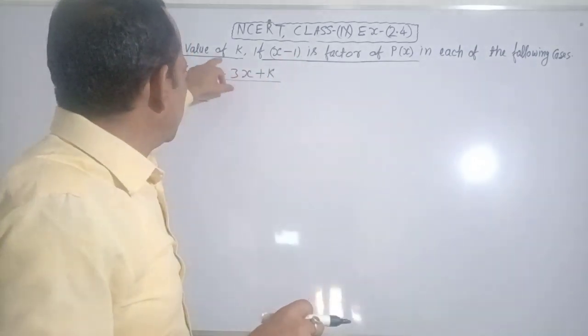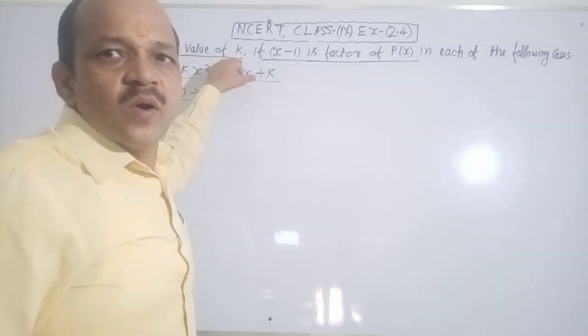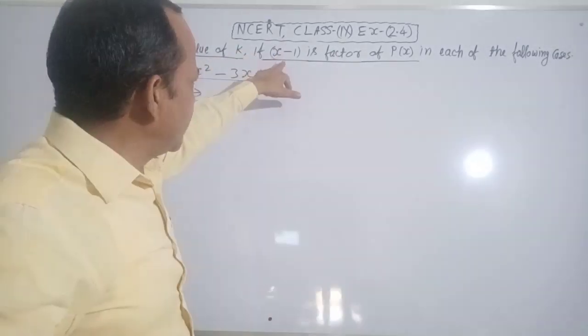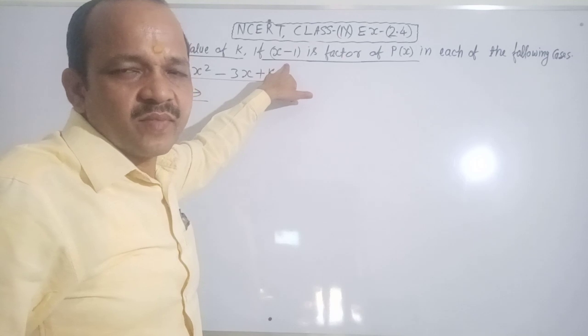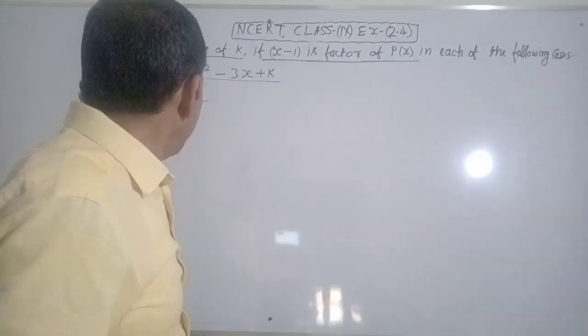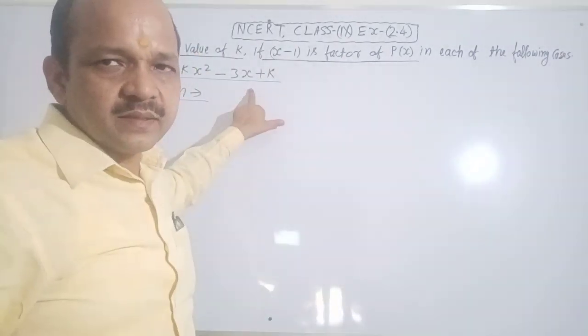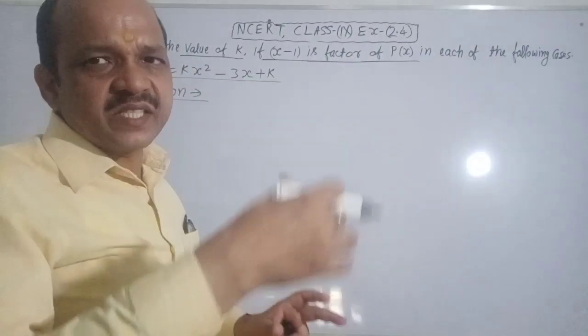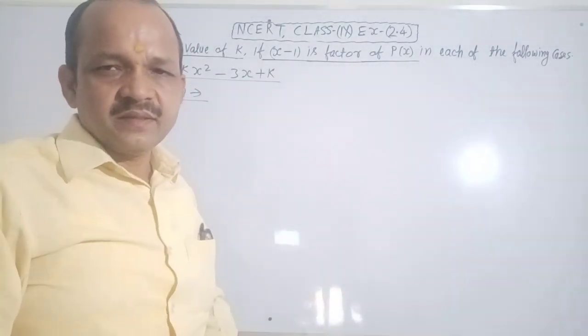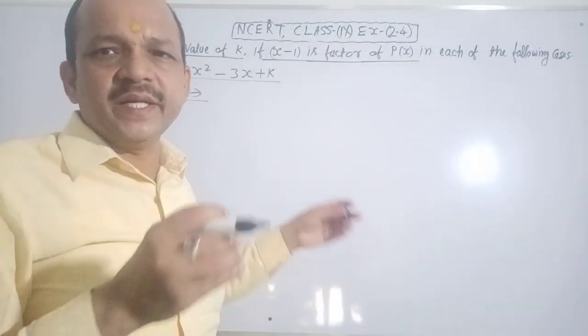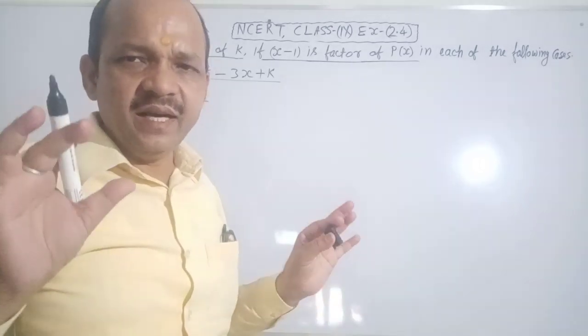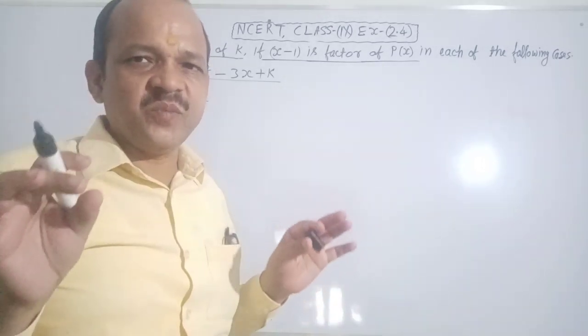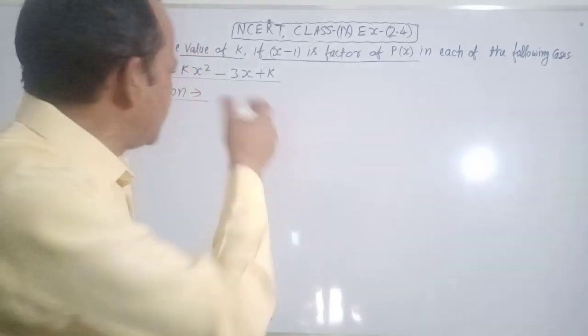You find the value of k. Firstly, you find the value of x. Then you put it in p(x) and compare the right side and left side. In this way you can find the value of k. Clear? No confusion about it? It is very easy.